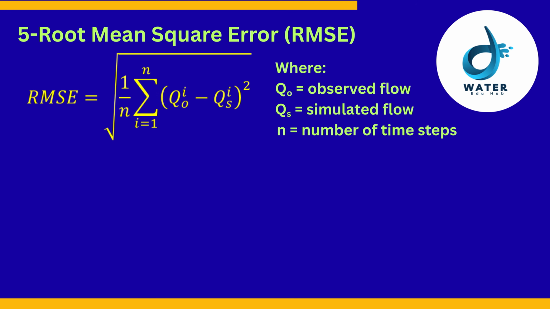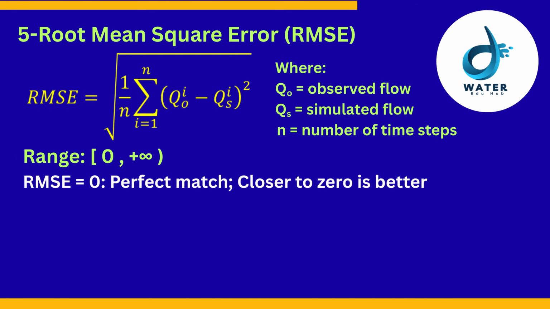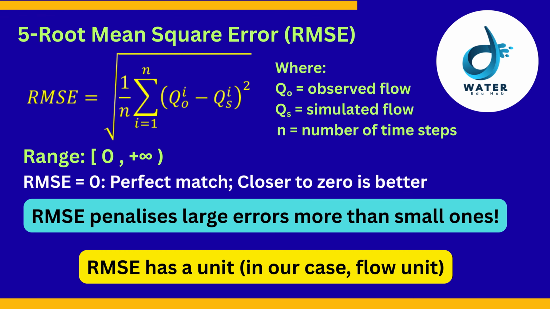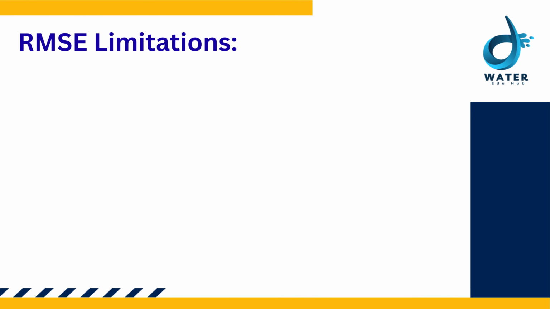Next is root mean square error, or RMSE. It provides an intuitive interpretation of model performance in terms of an average error magnitude. Similar to NSE, it penalizes large errors more than small ones. It is good for comparing models on the same catchment and engineering applications requiring error quantification in physical units. Limitations are as follows.